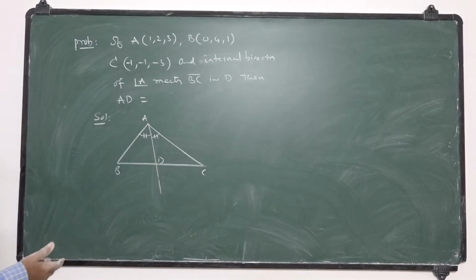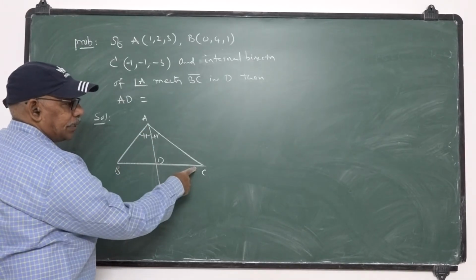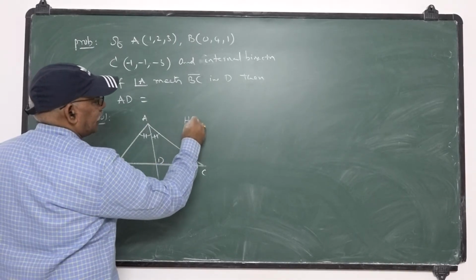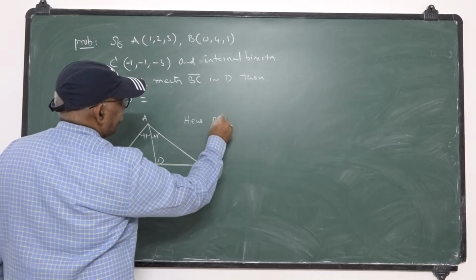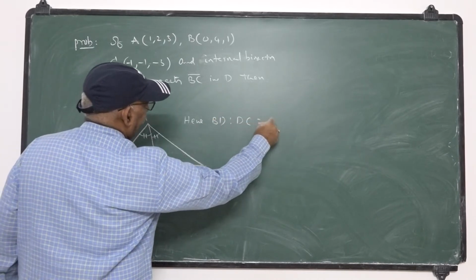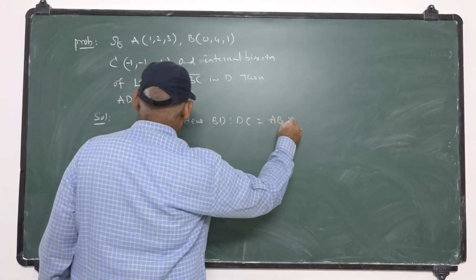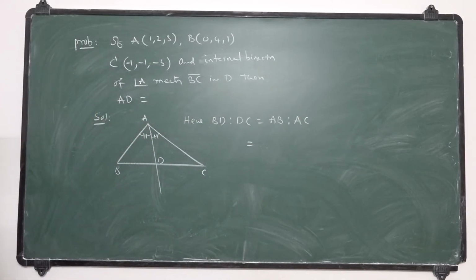Every internal angular bisector divides the opposite side in the ratio of the other two sides. So we know that BD is to DC is AB is to AC itself.